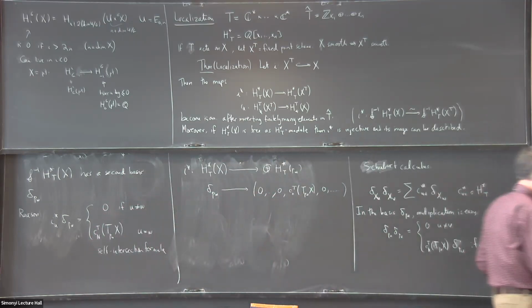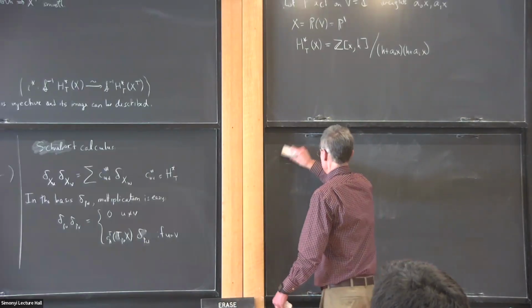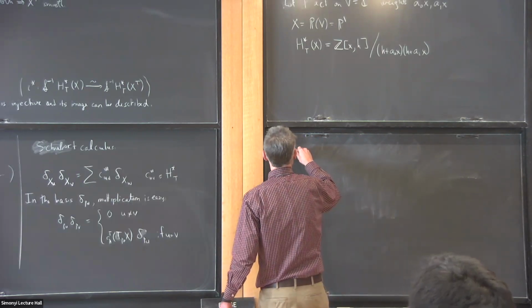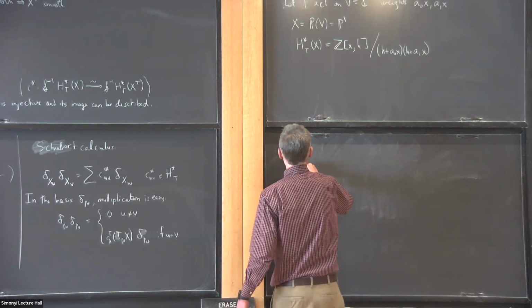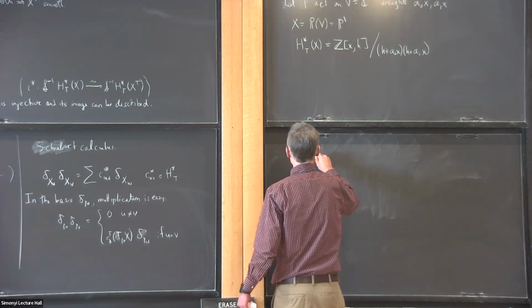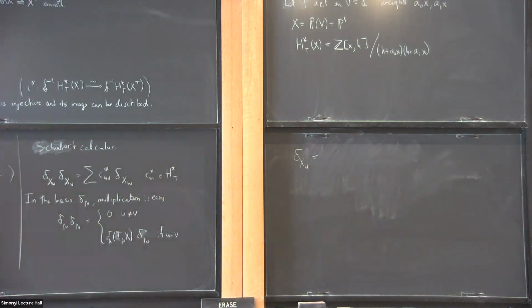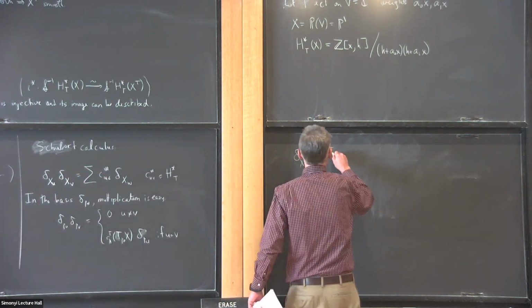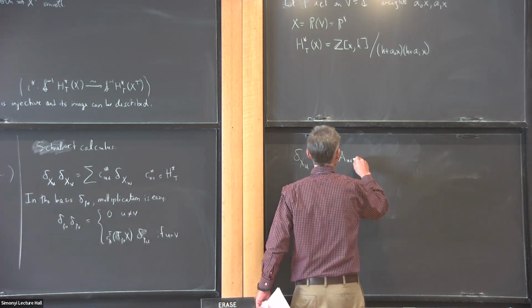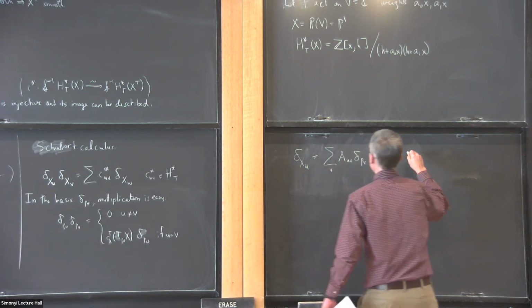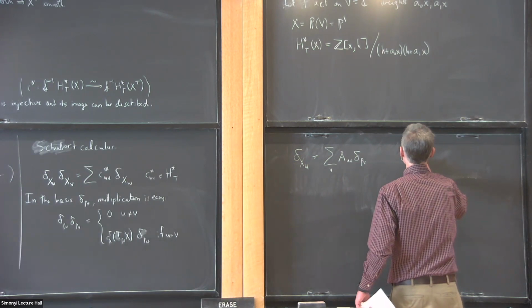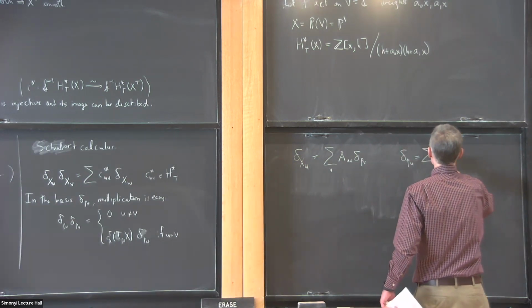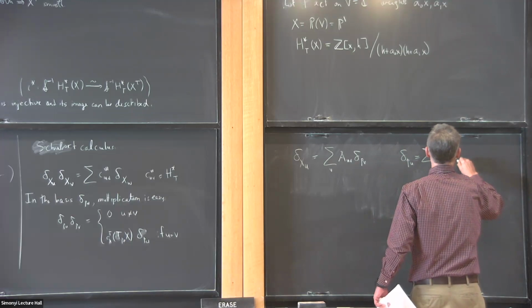On the other hand, so in principle, then I have a change of basis matrix. So I can write delta x u equals the sum over v of a u v delta of p of v. And I can also write delta of pu equals the sum of b u v delta of x v, right?